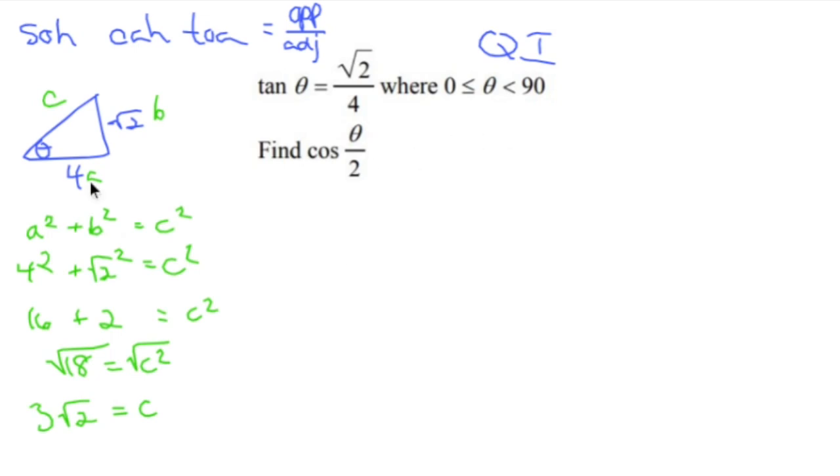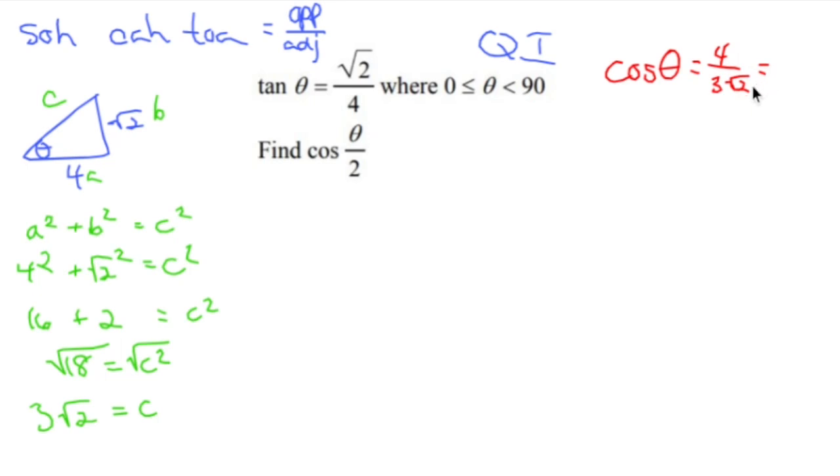Now, that's great. And what all of this means is cos theta is going to be my adjacent over my hypotenuse, my 4 over 3 root 2. Multiply the top and the bottom by root 2 because you know it's illegal.